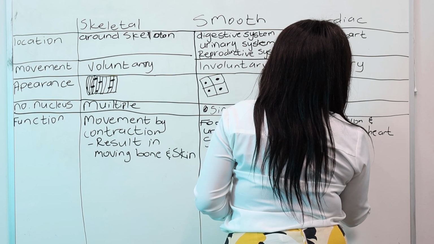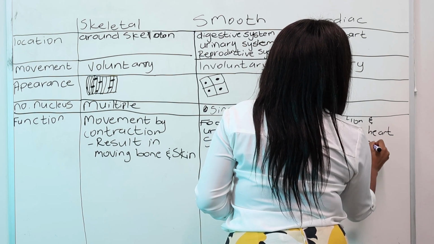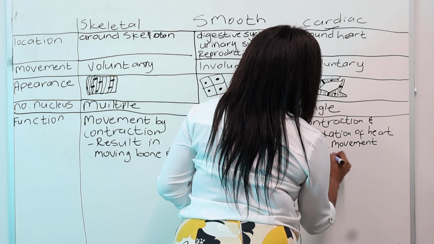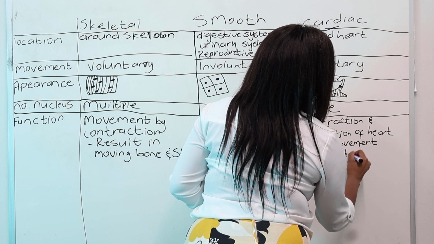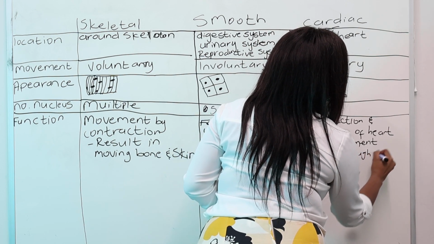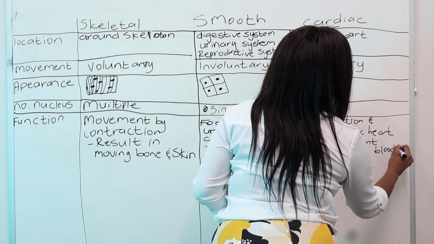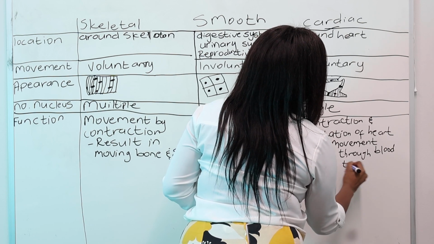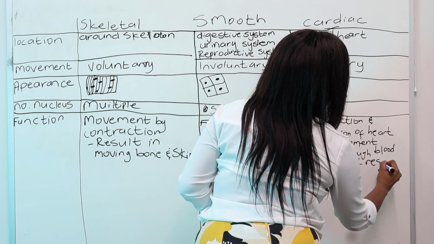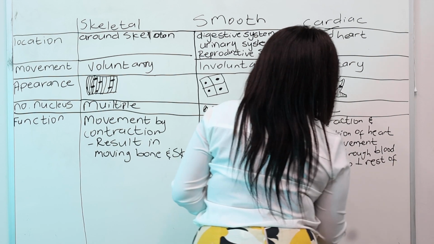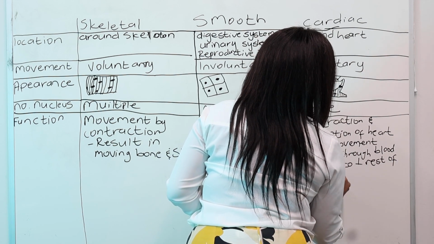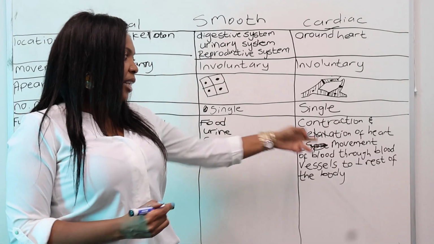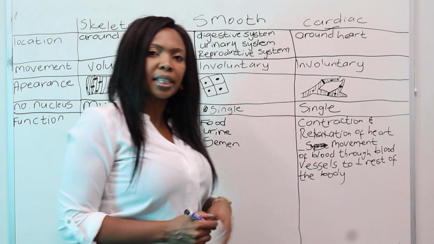This results in movement of blood through blood vessels to the rest of the body. So this is the function of the cardiac muscle.